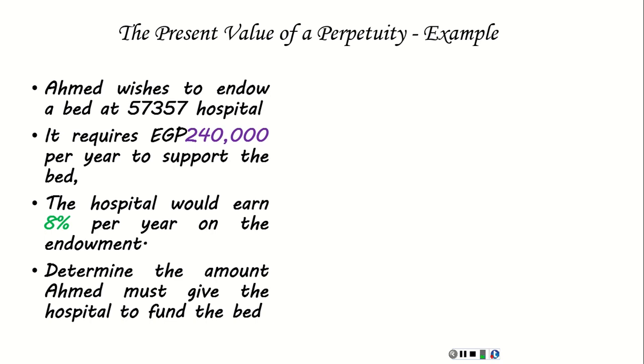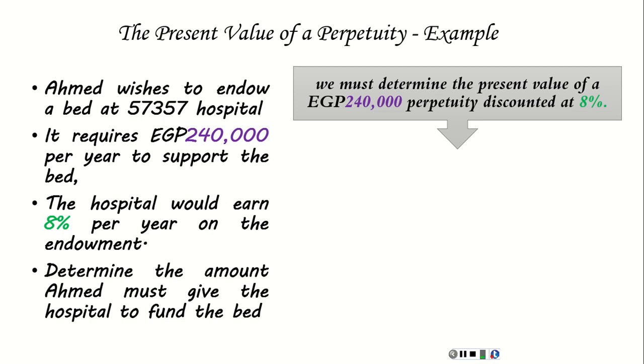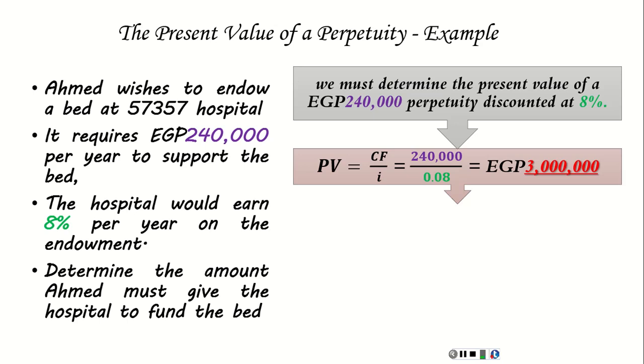So Mr. Ahmed wants to calculate the present value of the 240,000 needed to finance one bed annually, forever. So we must determine the present value of a 240,000 Egyptian pounds perpetuity discounted at 8%. Simply, we divide 240,000 by 0.08, the discount rate, so we will get 3 million Egyptian pounds.